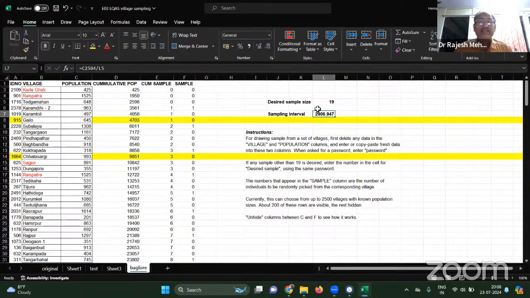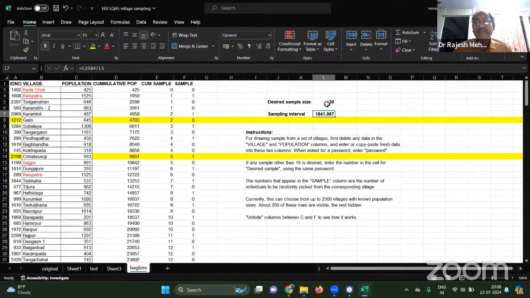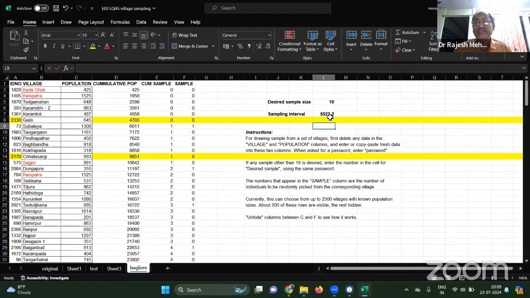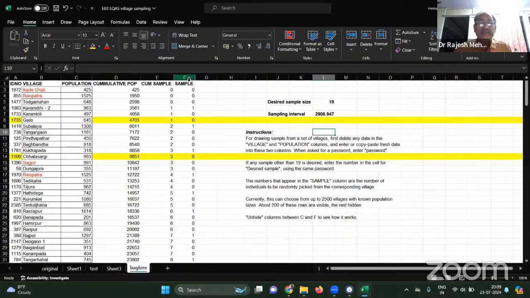Here is the formula, right? If you change it over here, if you write 30, the sampling interval will automatically reduce. If you make the sample size 10, then the sampling interval will naturally increase. So keep it 19, and then automatically from which ward you need to take a sample comes like this.